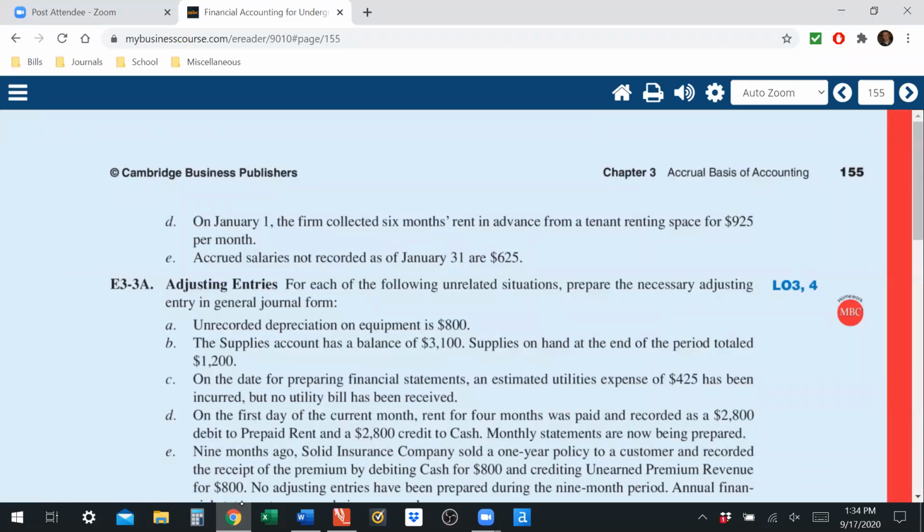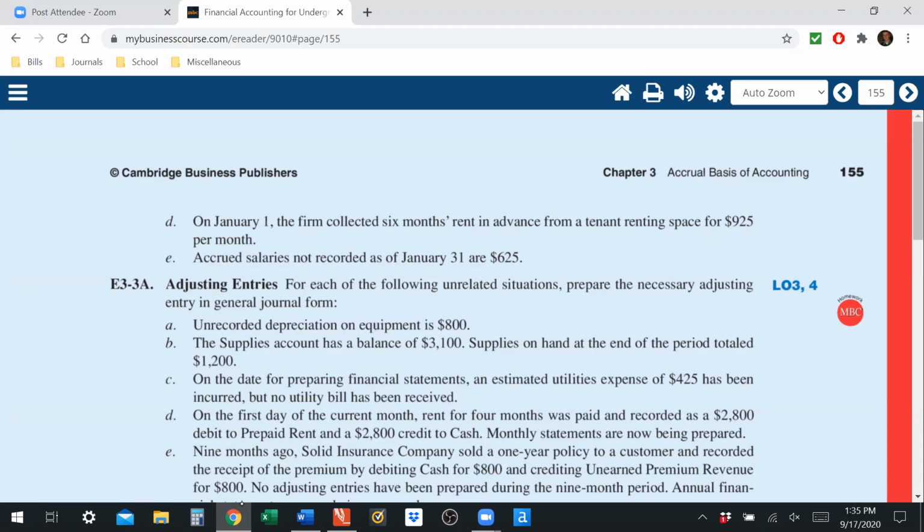So we must have collected from them $925 times 6. But only 1 month went by. So only 1 month's worth of rent revenue do we get to recognize. So 1 month has gone by. We've earned the revenue, right? Because we provided the service for the client. In this case, what are we providing?